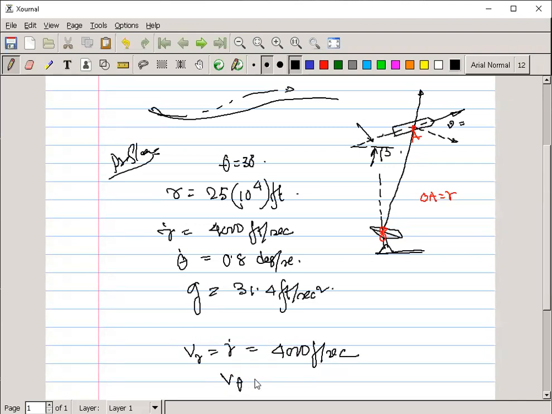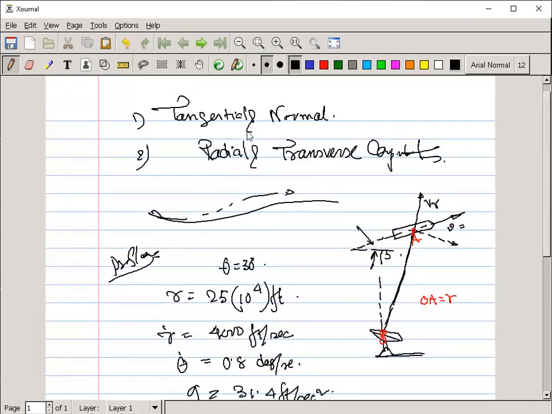And v theta, how much is it? If we draw separately, you can see this is v, this is your v r, along this r. I have told you there are two things, tangential and normal, and another one is radial and transverse. So this is the example of radial and transverse.